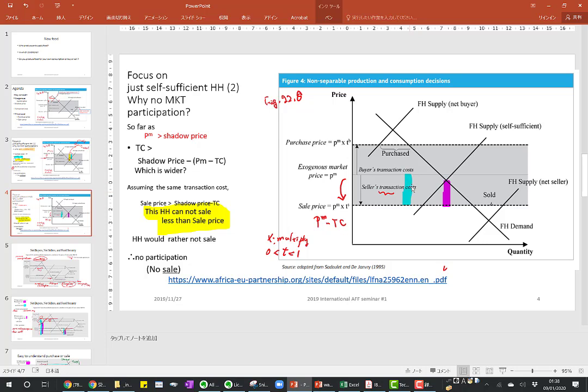Then this household would rather not sell. This situation is expressed as no market participation, which means no sale.